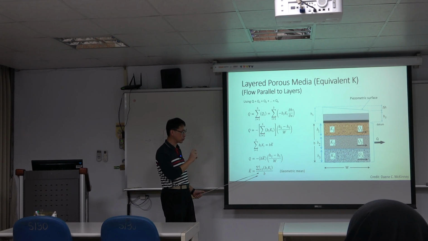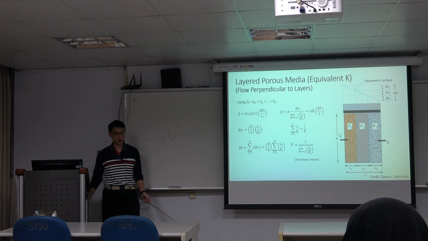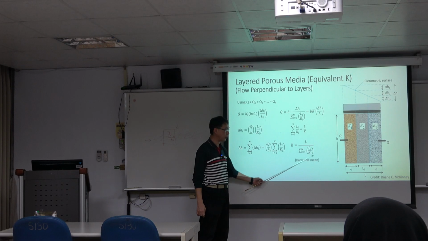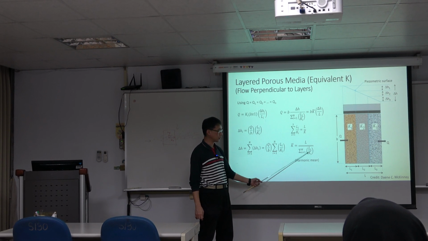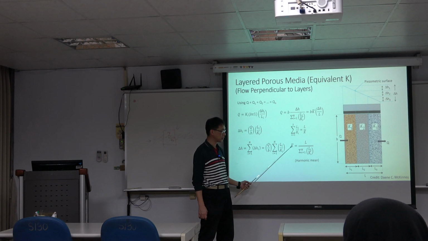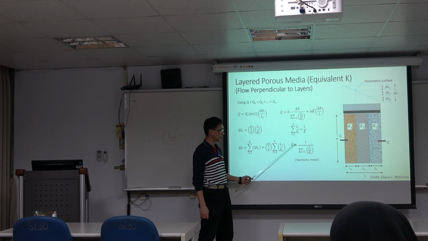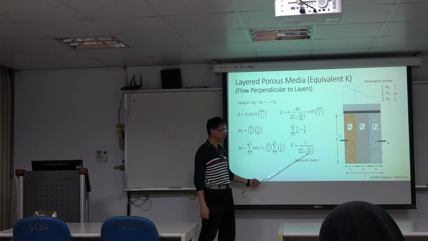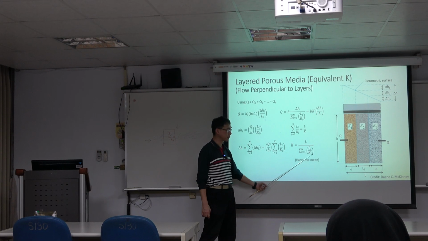So they become like a geometric mean concept. And if we use the perpendicular direction, they will become like a harmonic mean. That means that you take this one and take this one, you should switch these two. So your length divided by your equivalent K will be the summation for each of the lengths divided by the K values. Okay, so this is a kind of harmonic mean concept.